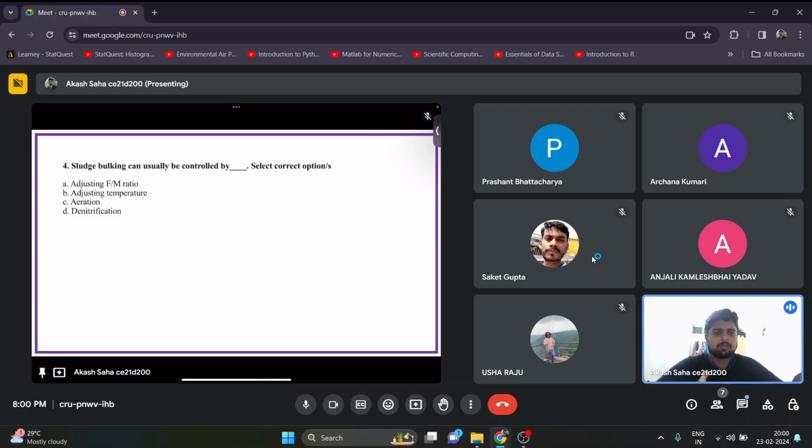Because if the F by M ratio is very high, more and more food is available, so there is a chance that filamentous bacteria will grow. So it cannot be very high and neither too low. So we have to adjust the F by M ratio only. So the correct answer is only option A, adjusting the F by M ratio, whereas for temperature, aeration, denitrification, there is no direct correlation.